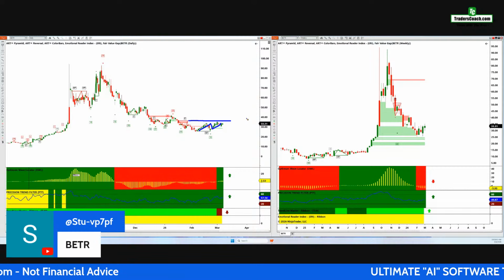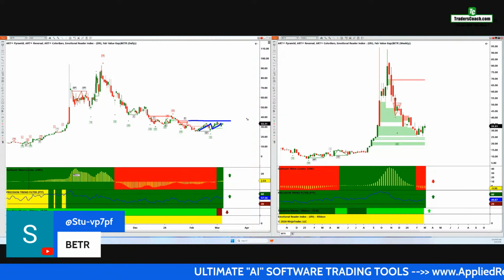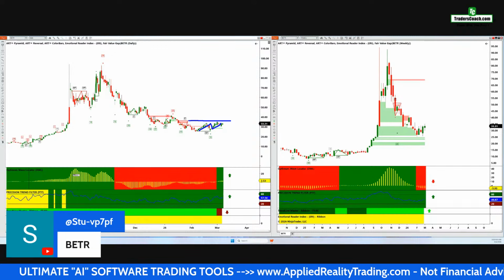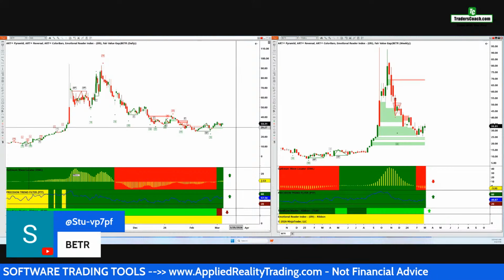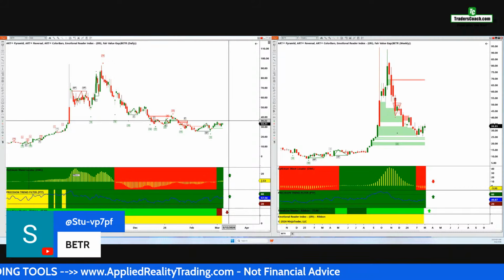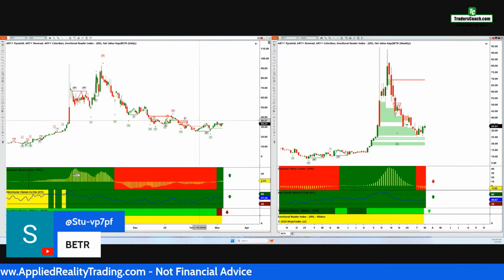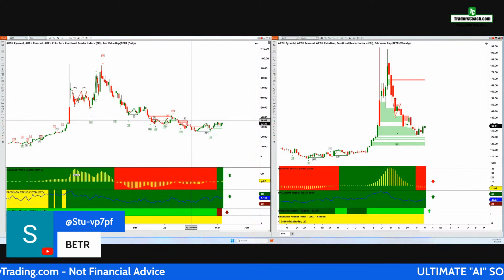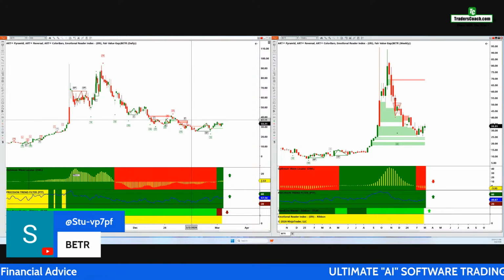But yes, I love this one. I'd love to put this one on a buy because I'm pretty certain it will break that. But in terms of being more studious, you want to wait for that break in structure up here. And that's a dominant pyramid down.